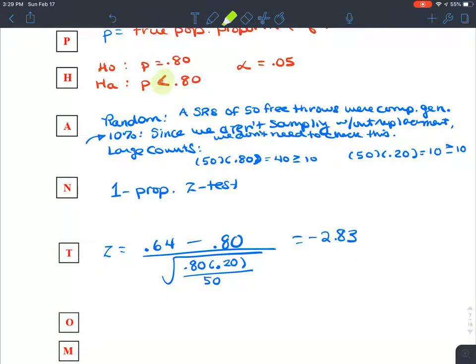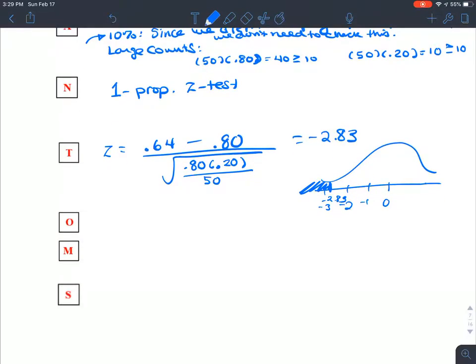I'm looking back and I'm seeing this is a one-tailed test. So when I draw my curve, okay, z-score of 0 down the middle. Okay, I'm going to go 1, 2, 3 z-scores to the left here and say that right about here is negative 2.83, and I'm doing everything less than that. That's what I want to calculate for our p-value, which is what the P stands for, obtaining a p-value.